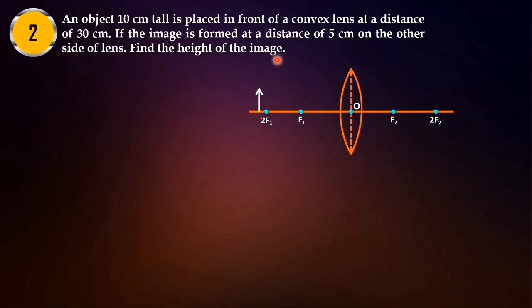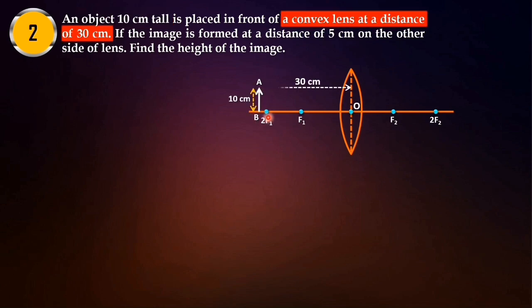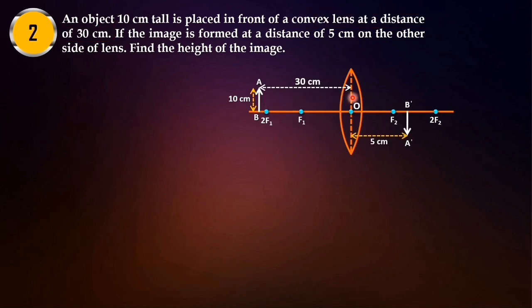Now see what is given in the question. AB is the object, and the object height is given as 10 cm, right? And the object is at a distance of 30 cm from the convex lens. And the image distance is given. So the image distance is 5 cm. Now you have to find out the height of the image. So now we have to find the height of the image.